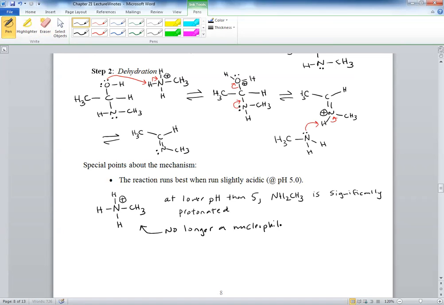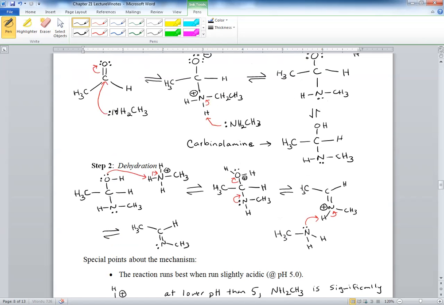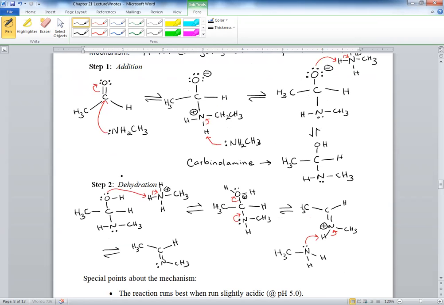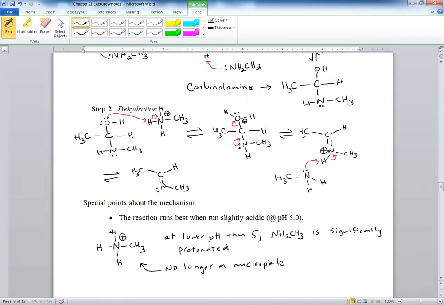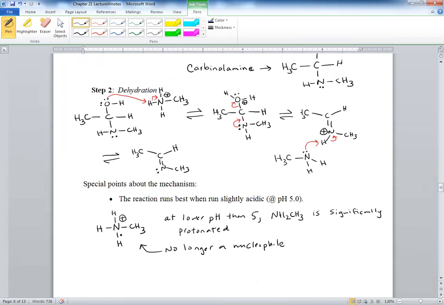So the reaction stops. It drops significantly because, again, you are not able to generate or to use this as a nucleophile like we did here. It doesn't have a lone pair to attack. It's already happy, right. So again, it's no longer a nucleophile, because there's no lone pair.